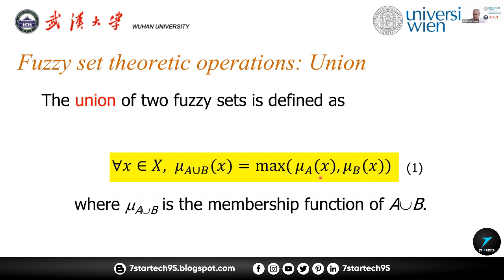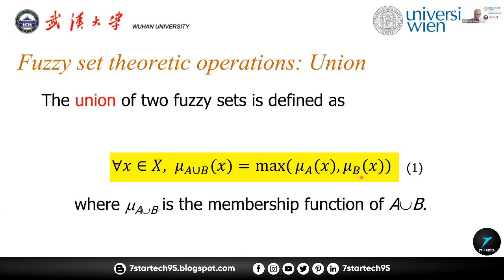If both are 0, the maximum of 0 and 0 is 0. And if one of them is 0 and the other one is 1, the maximum of 0 and 1 is again 1. So never any value outside the range of 0 and 1.